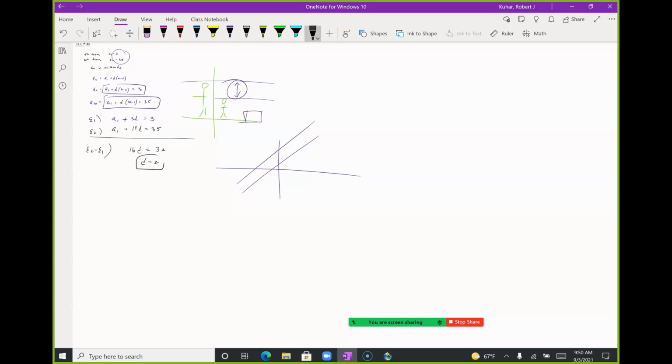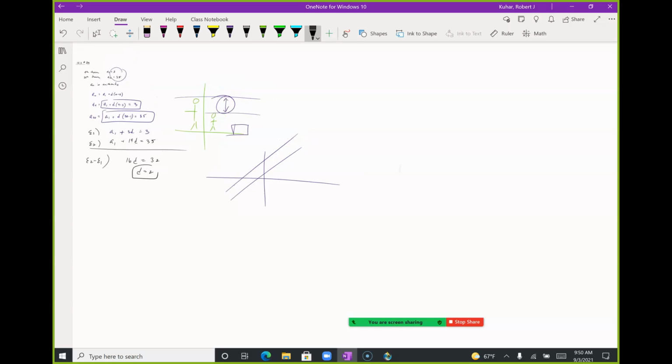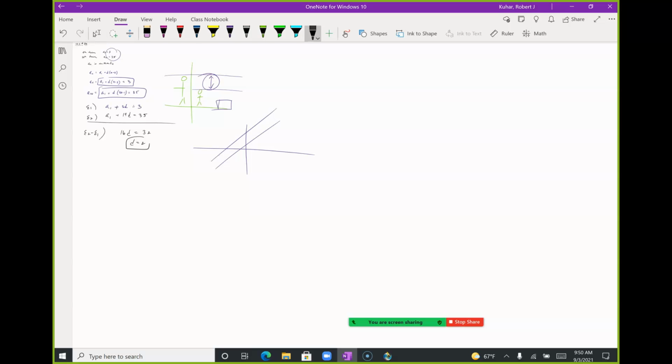How can I find a sub 1? Well, you plug d into one of the equations, exactly. I know a sub 3 is 3, or I could use a sub 20, and now I know d, right?